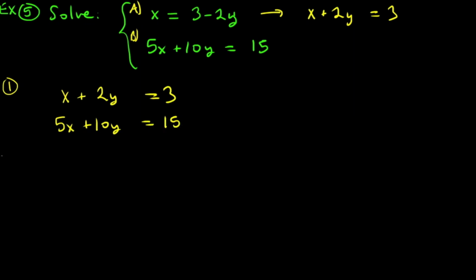So step 2 is to multiply. Which variable do we want to eliminate, x or y? To me, it looks like x is easy because in equation B, we already have positive 5. In equation A, we just need a negative 5. So all we have to do is multiply the first equation by negative 5, again on both sides.